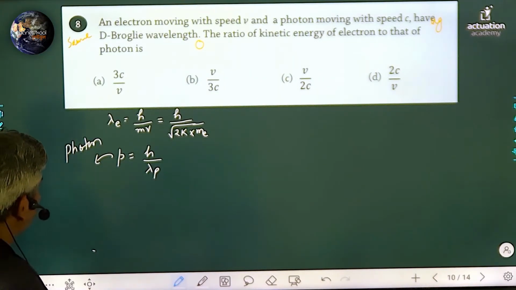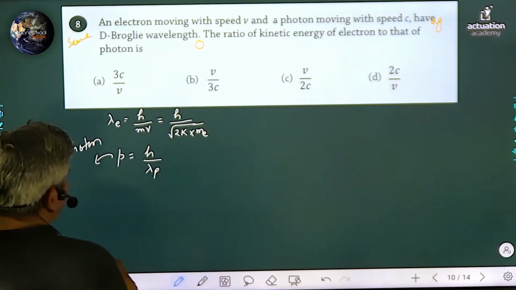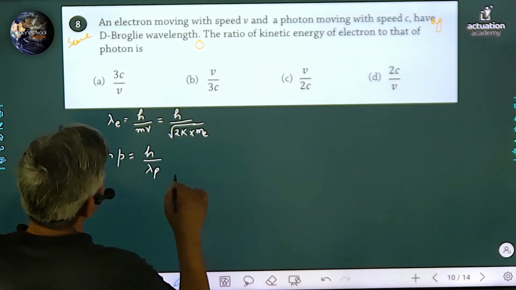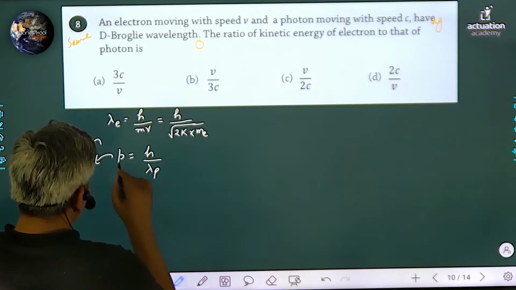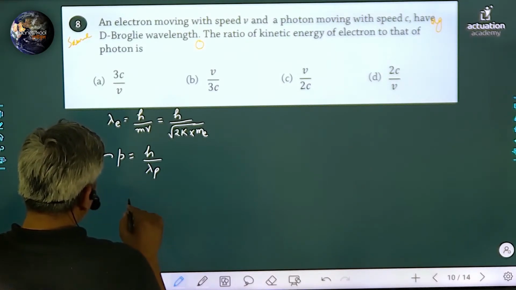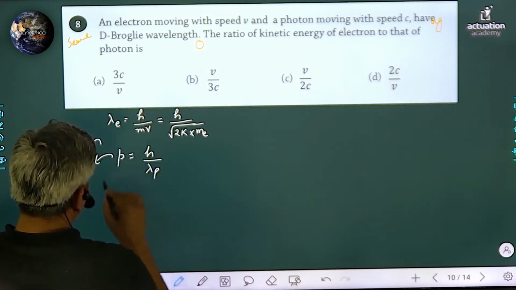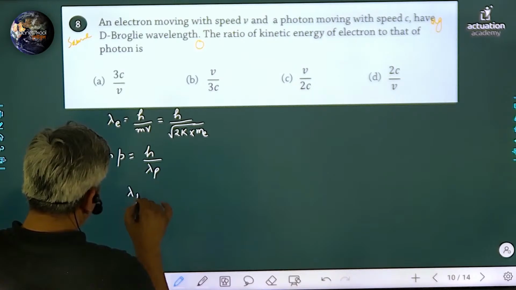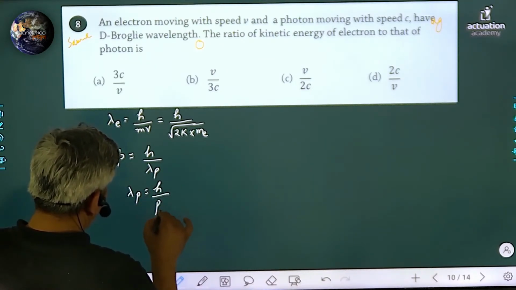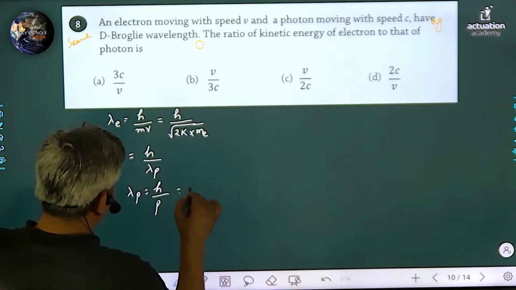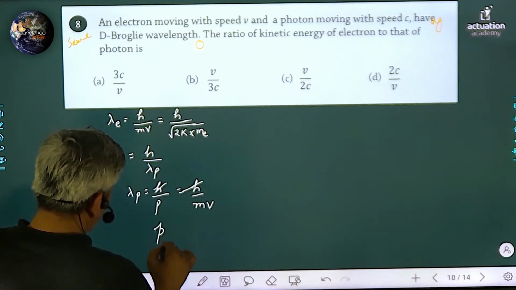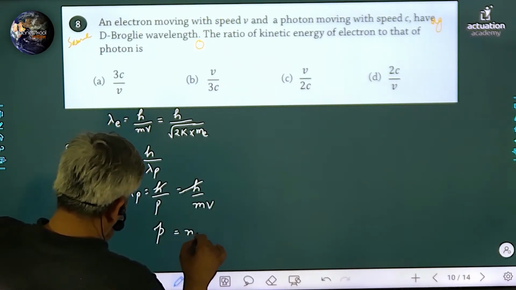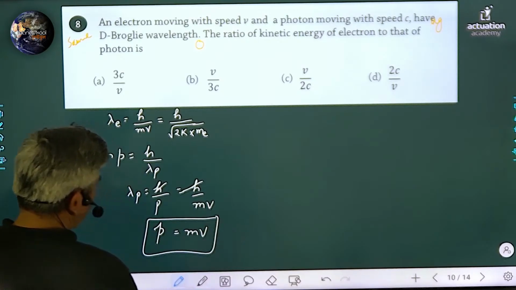So simply we can write lambda p is equal to h by momentum of the photon, but that is equal to h by mv. So simply we can write photon momentum is equal to momentum of the electron.